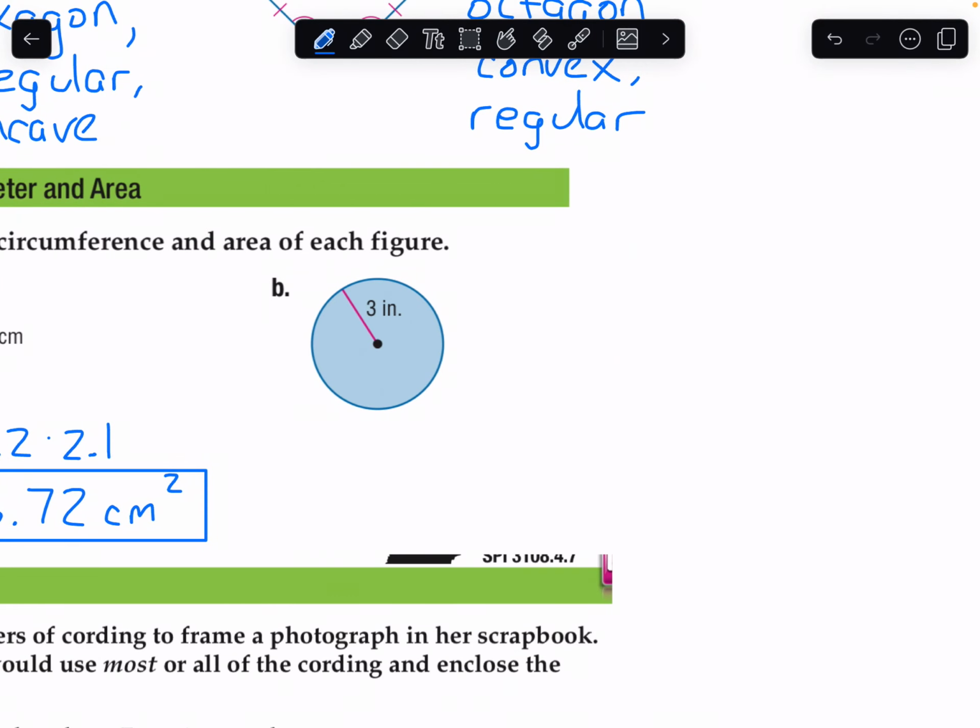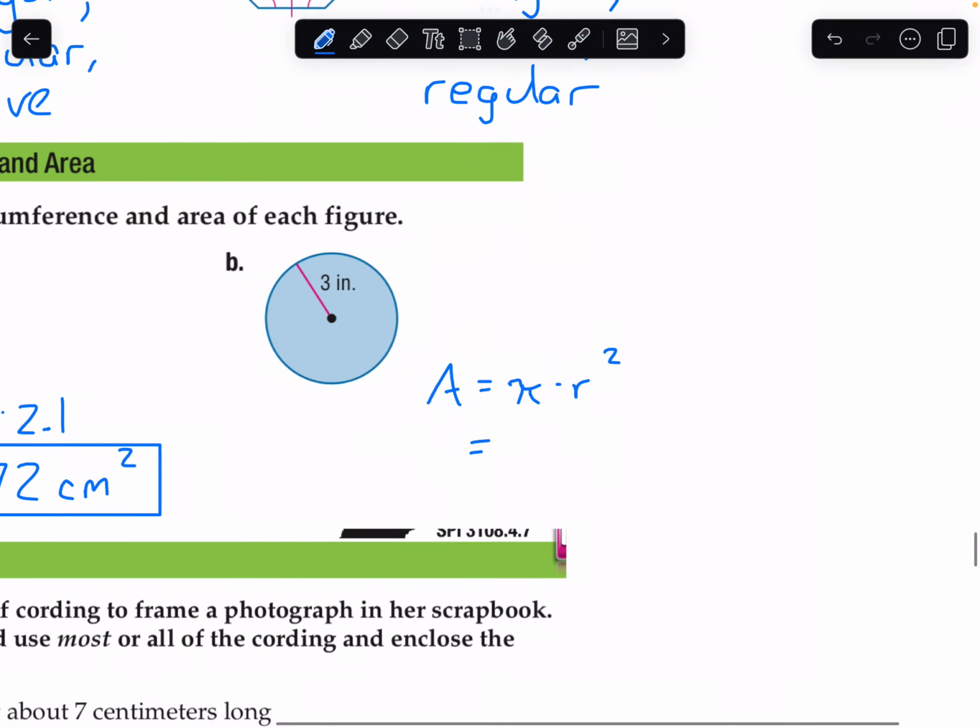B. The circle. The area of a circle, as you recall, is pi times radius squared. Our radius here is 3 inches, so this is, okay, technically it's approximately equal to, because pi is not perfectly 3.14, but that's good enough for us here, times 3 squared.